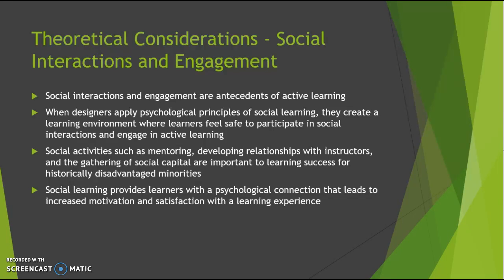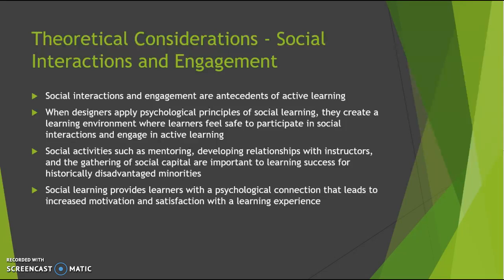Okay, so theoretical considerations that I took away from my specific interview are: social interactions and engagement are antecedents of active learning. So if you want active learning, you've got to engage. When designers apply psychological principles of social learning, they create learning environments that learners feel safe in and that have social interactions and engagement. Social activities such as mentoring, developing relationships with instructors, and gathering of social capital are important learning success factors for historically disadvantaged minorities.